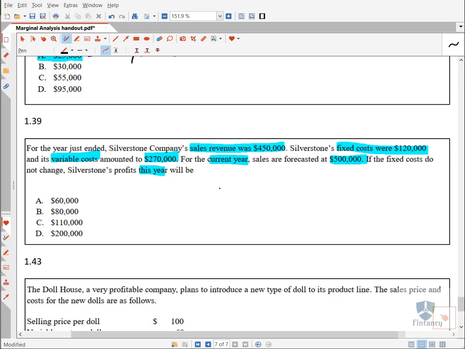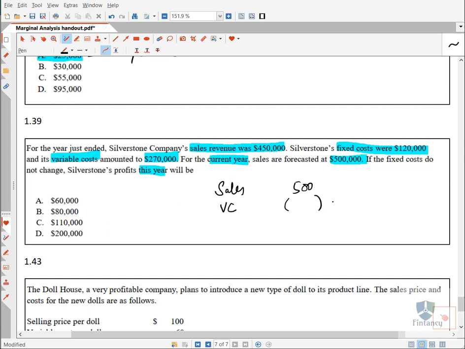Now let's see. For the current year, my sales are how much? 500. For the current year, my variable cost, this is the main challenge. How much will be variable cost? To calculate this, you need to see how much was the variable cost last year as compared to sales. So that was 270 divided by 450, right or not?